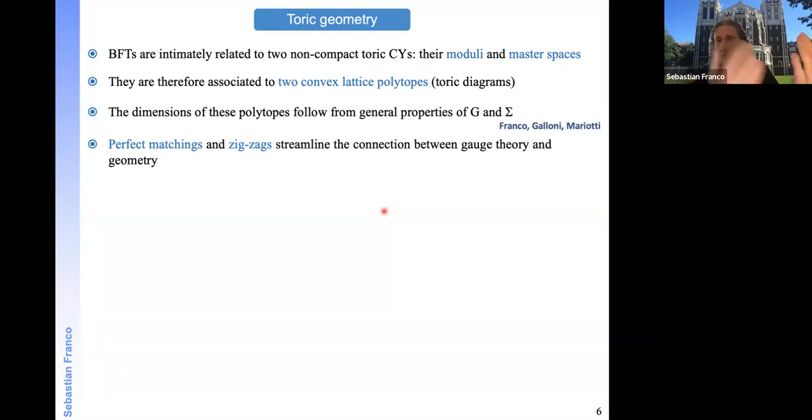If you are given one of these field theories with this very special form of the superpotential, and you want to compute that moduli space or that Calabi-Yau manifold, a very efficient way of doing that is determining the perfect matchings and then doing some operation on them, some projection.